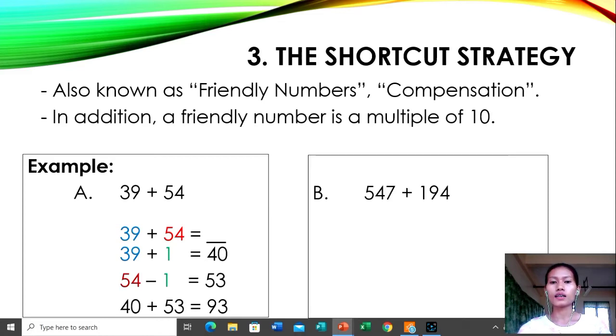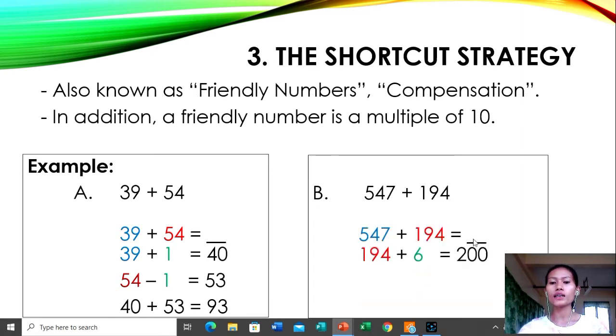Okay, so we have the next example. 547 plus 194. So, in this case, what we want to make a friendly number is 194. So, to make 194 a friendly number, we will add 6 to make it 200.